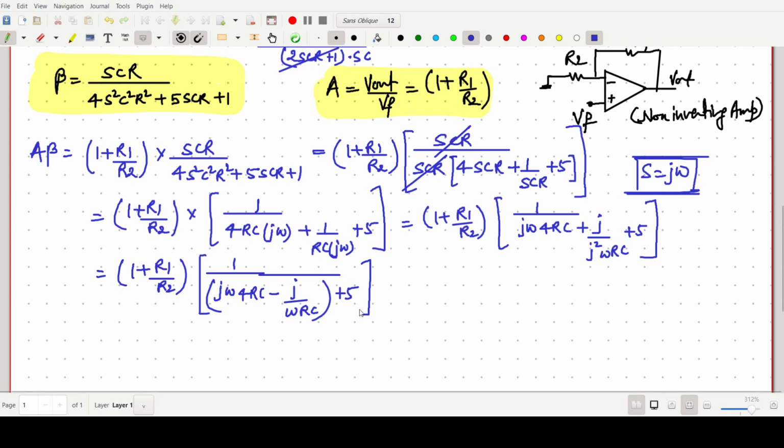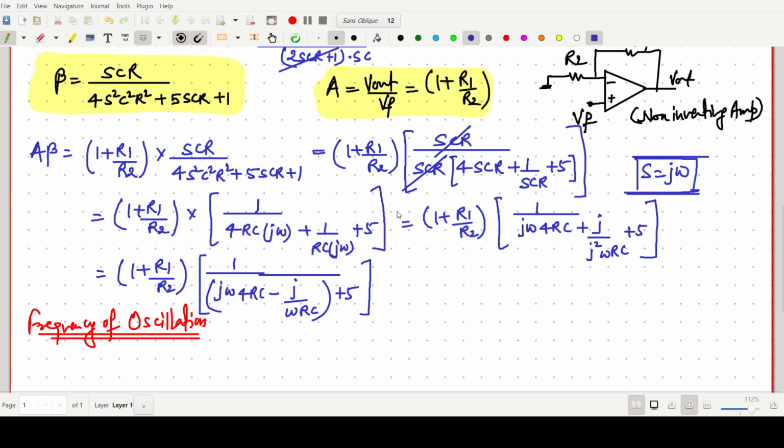Now for the frequency of oscillation, we have to take the imaginary part to 0.